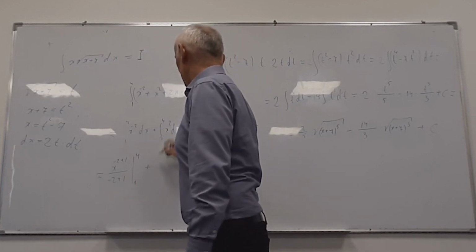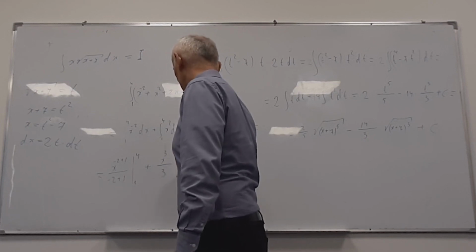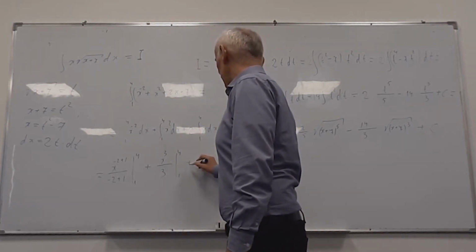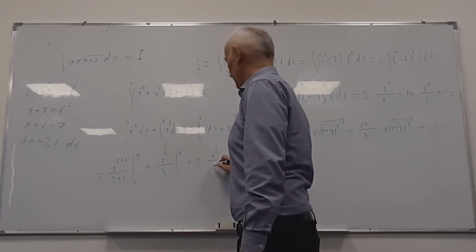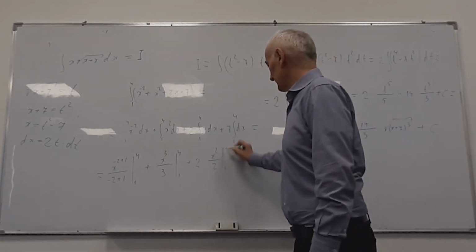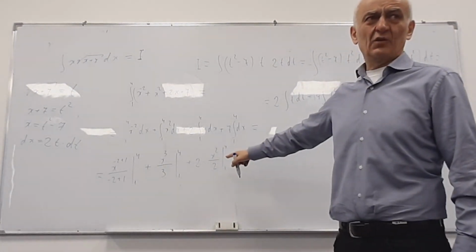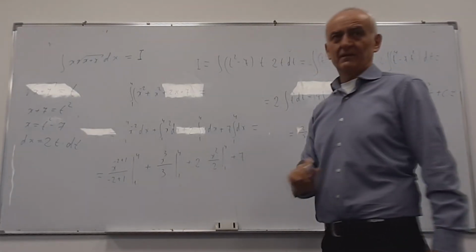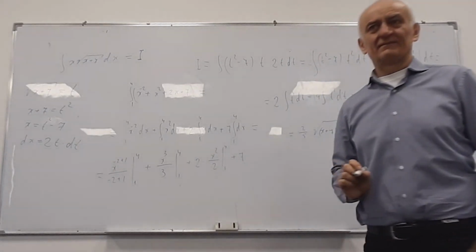Plus again x cubed over 3, limits 1 and 4, plus 2 times x squared over 2, again limits from 1 to 4, and plus 7, what is the integral of dx?